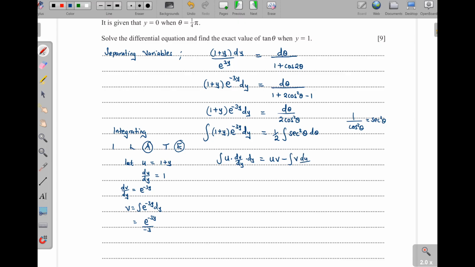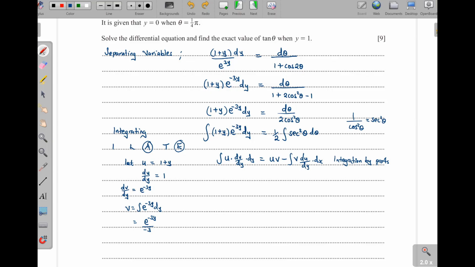So I'll write du dy, okay? So this is integration by parts. So remember, we use integration by parts if we are having a product of two different what? Functions. This is algebraic, this is exponential.